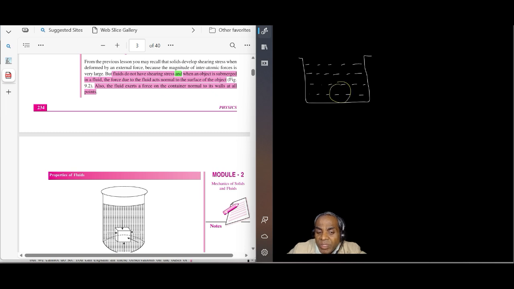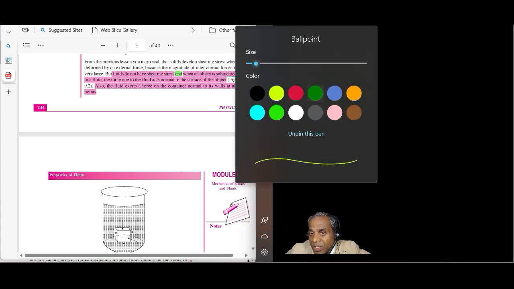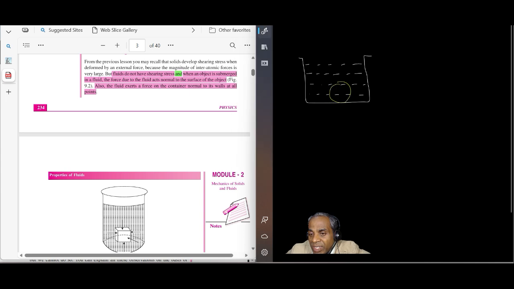Now you can understand in molecular language, the molecules of the liquid are in contact with the solid right here. This is the solid surface, so everywhere it is surrounded by the liquid, so liquid is in contact with the solid and solid molecules are in contact with the liquid, so they are interacting.